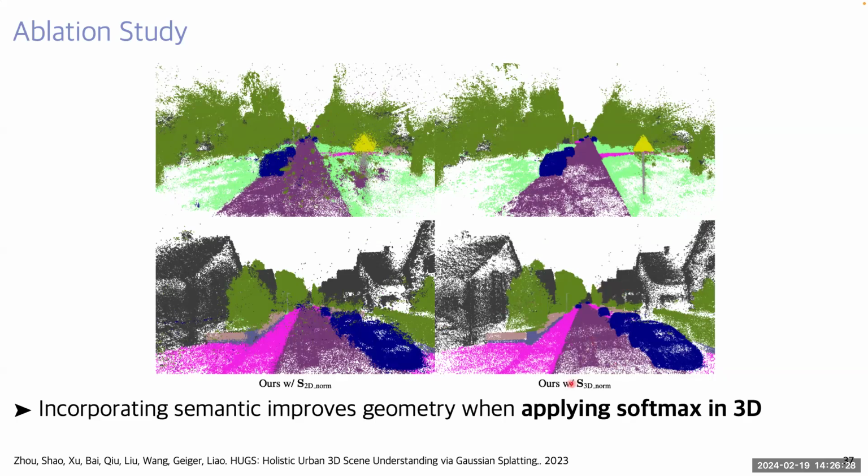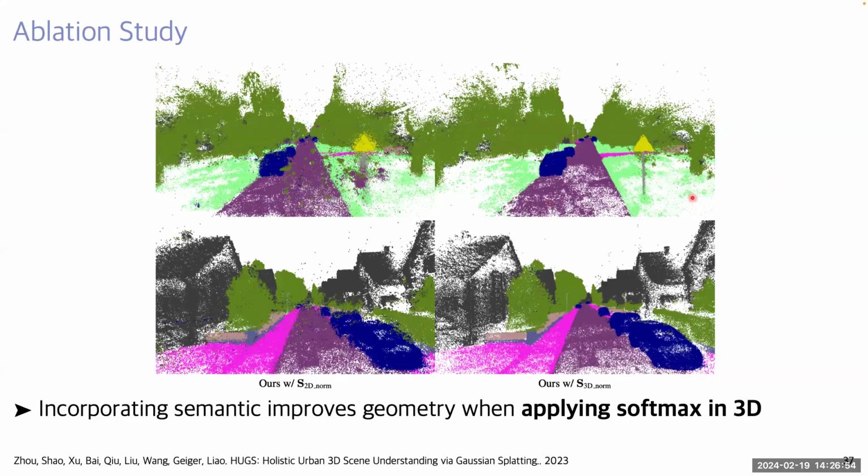But if you apply the normalization in 3D space for each 3D point, it improves the geometry like this. On the left, those are the centers of the 3D Gaussians, and we show that they can be very noisy if you directly use the 2D normalization. Those are also the Gaussian centers if you do not add any semantic information and use only pure RGB.